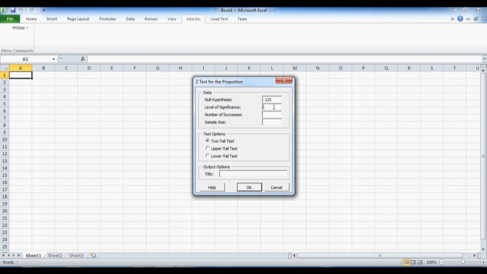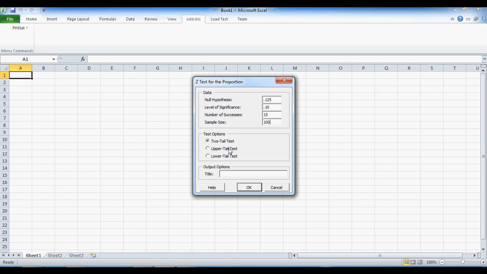And the level of significance, which is also stated in the problem as alpha, is 0.10. And the number of successes in the problem is 15.